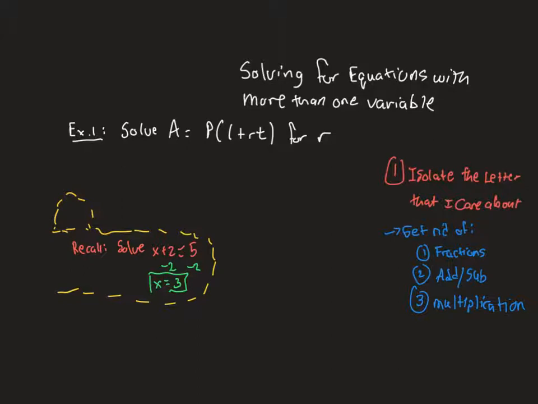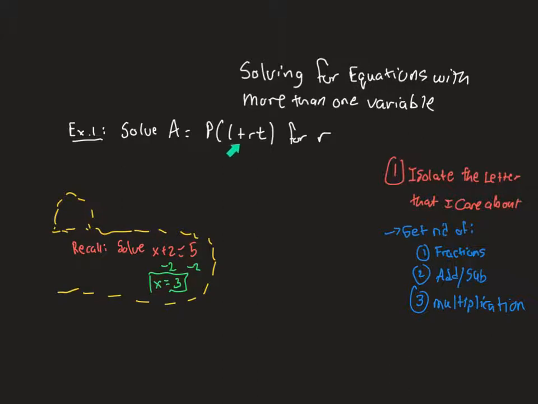So the first question I ask myself is, are there any fractions here? Nope, nope, nope, nope. So the next thing I want to ask myself is, what is not r? Well, that's not r, that's not r, that's not r. So I'm pretty fair to say I'm getting rid of a bunch of these. So my second step is, are there additions and subtractions?